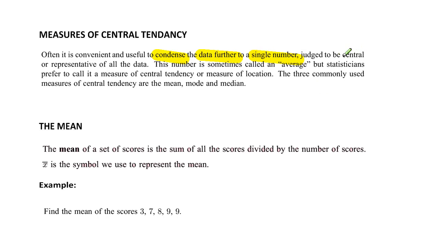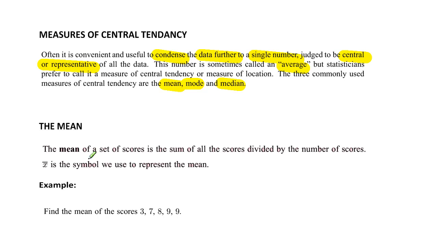And this is called a central or representative piece of data that represents the whole bit of information. We commonly know it as the average, but it's also known in this particular topic as the mean. And there are other measures of central tendency as well, including mode and median.